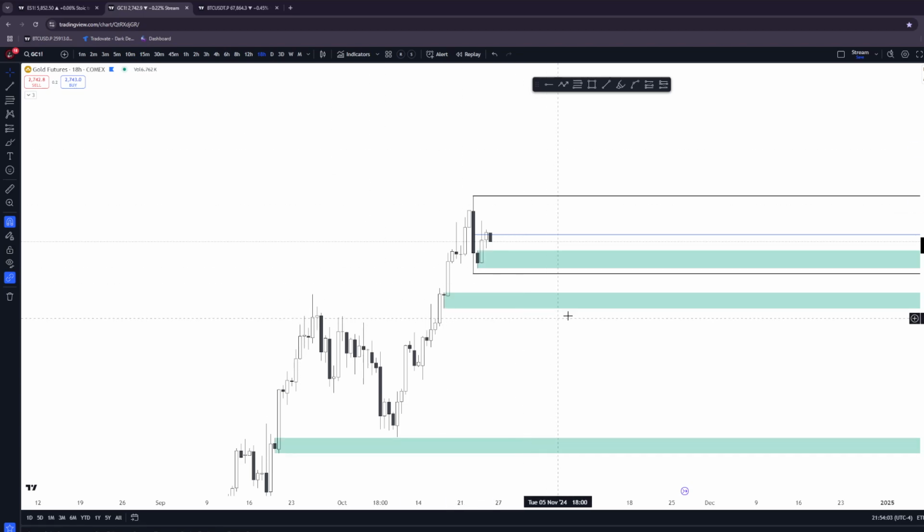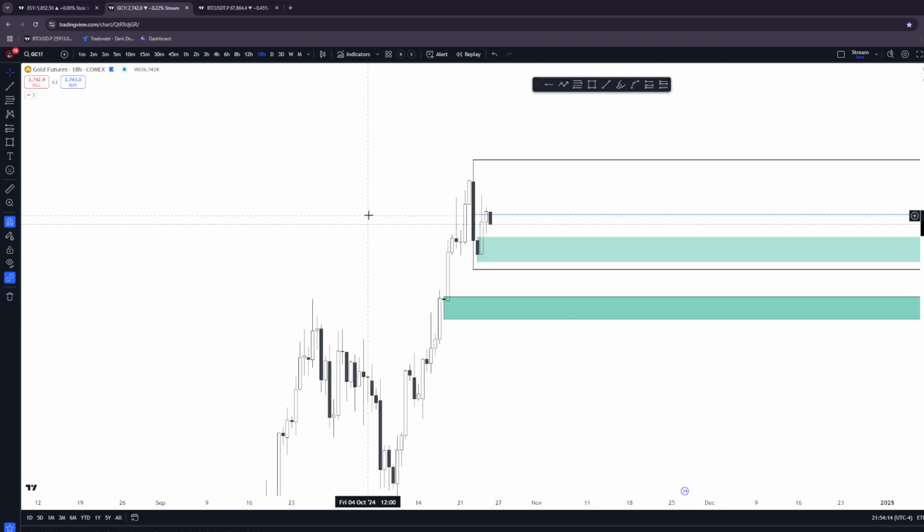Okay, like this demand right here. It's a little too far out the range for me, but I mean, I still mark it down just in case. See what else we got.